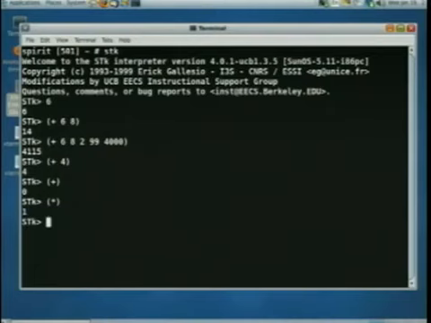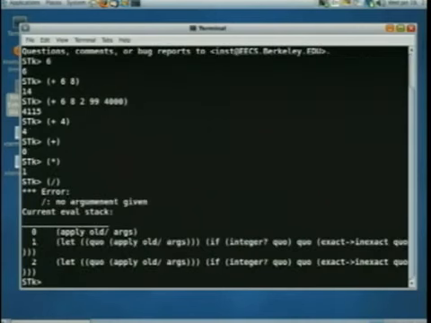Because that's the identity element for the multiplication operator. So it sort of makes sense mathematically to do that. Some other operators don't like doing that. So it's not every function that has variable numbers of arguments. You can't call division with no arguments.